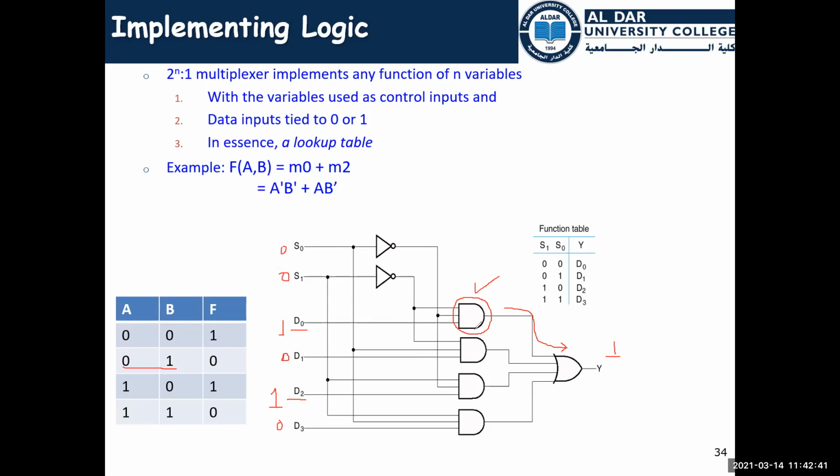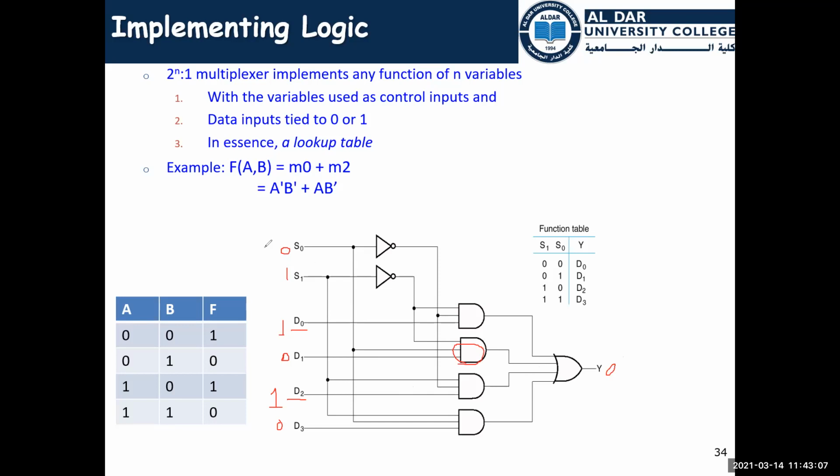Okay, let me clean. What about 0 1? Sorry, if this is 0 1, this means this one will be enabled. If this one is enabled, the output will be 0, so y will be 0. Okay, you understand it?